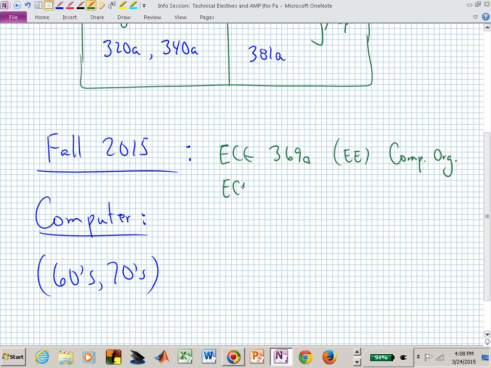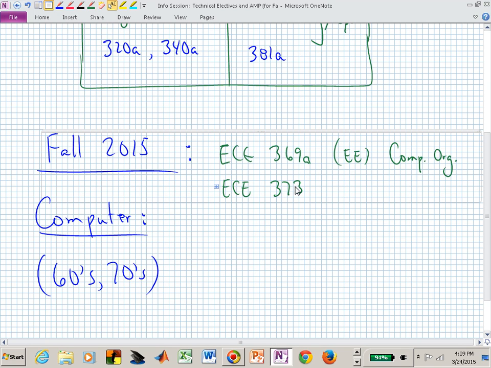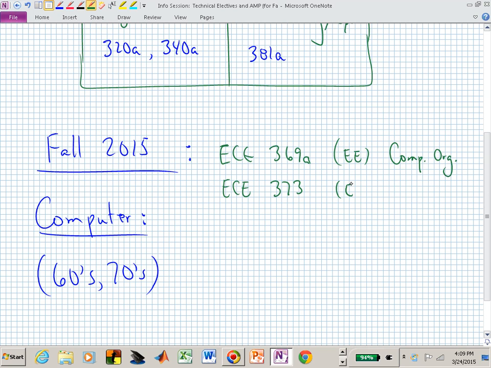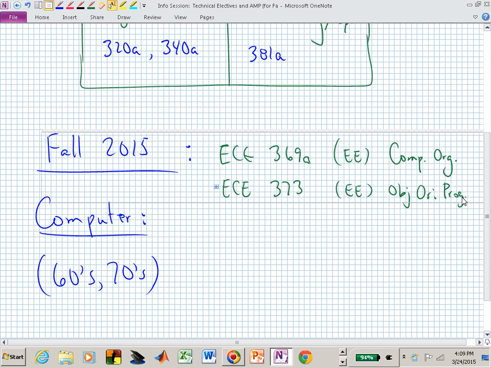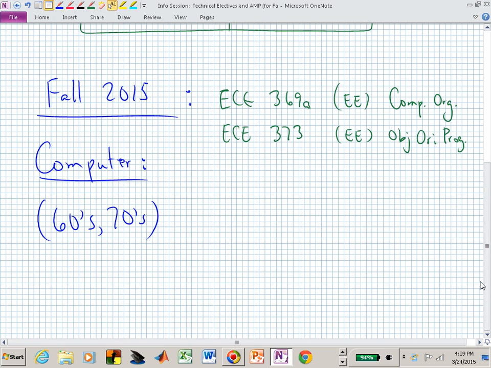If you're in the EE option and you wanted another software type class, you could take 373 and get a little bit more into object-oriented programming. Those aren't available if you're already in the computer engineering option, but they are available if you're in the electrical and you want to take some technical electives in the computer engineering area.